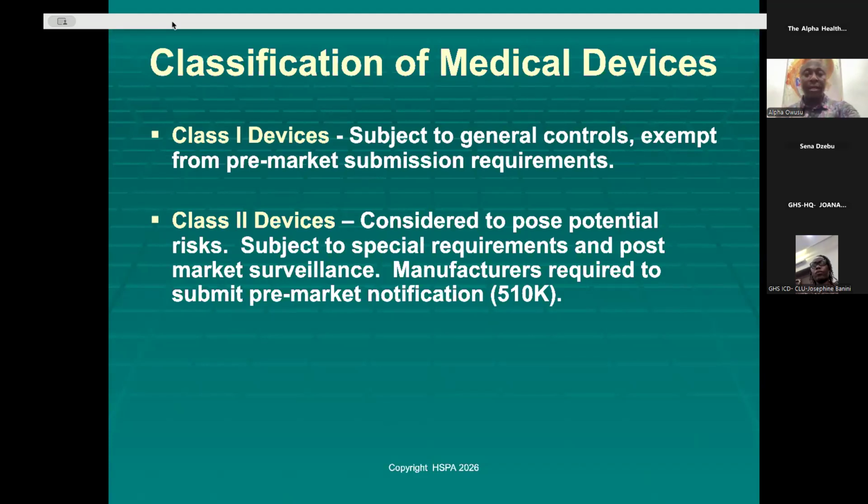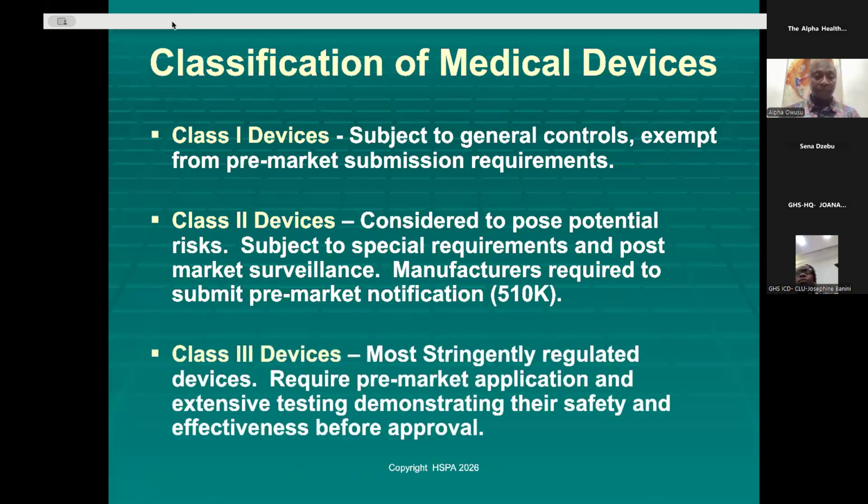That is what this form of notification and submission is. Should we go to FDA right now, and you are bringing a new class 2 medical device, you have to go through this. If you don't go through this, it cannot be used. You should not be permitted to use it, right?